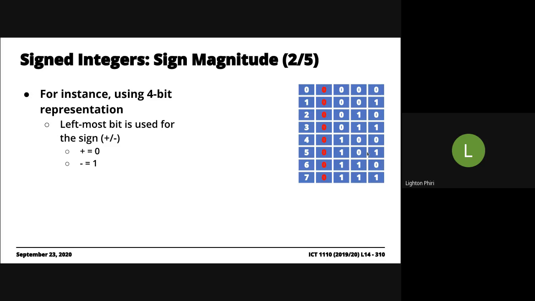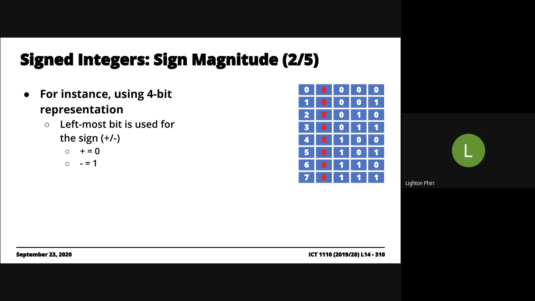There's something else that you will notice, a flaw with sign magnitude and in fact 1's complement: the maximum value that you can represent is much, much smaller.